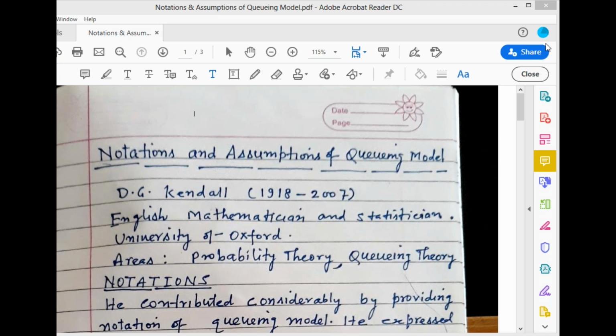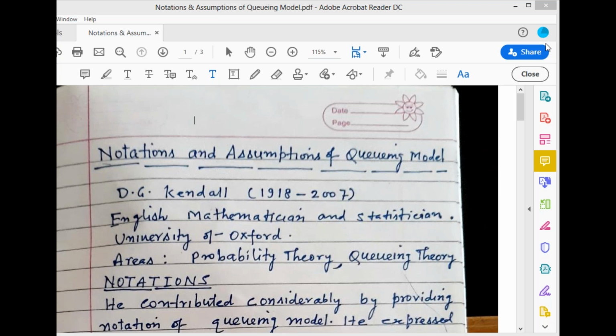The primary development of the notations of the queuing model is credited to Professor D.G. Kendall. So it is very popularly known as Kendall's notation.